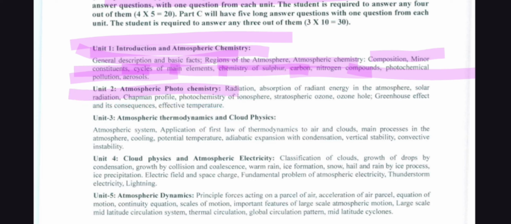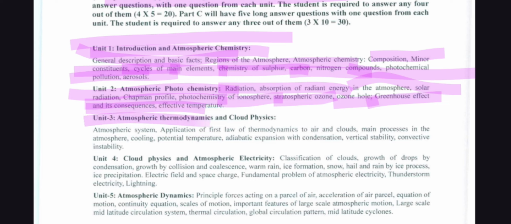And unit 2, atmospheric photochemistry: radiation, absorption of radiation energy in the atmosphere, solar radiation, compound profile, photochemistry of ionosphere, stratosphere, ozone, this is the ozone part, ozone holes, greenhouse effect and its consequences, effect of temperature.